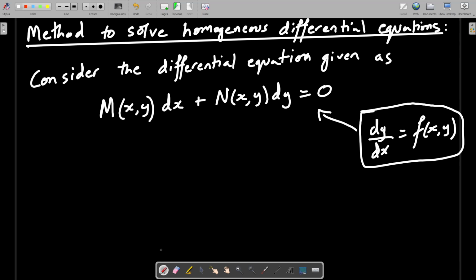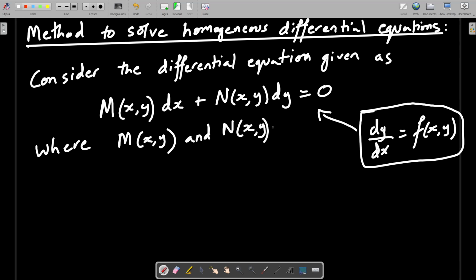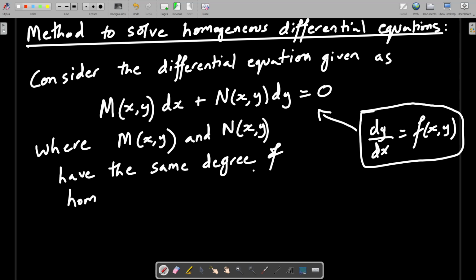So consider the differential equation M(x,y) dx plus N(x,y) dy equal to 0, where M(x,y) and N(x,y) have the same degree of homogeneity.